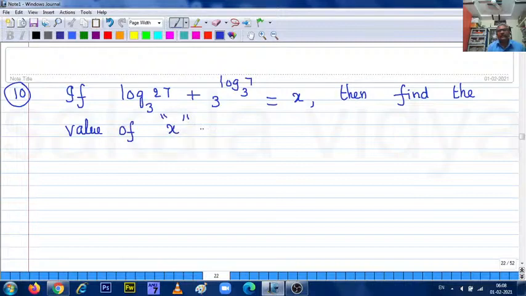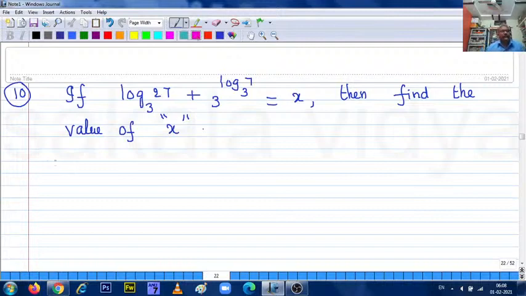So just read the question carefully first, all of you. Here we have log 27 to the base 3 plus 3 to the power of log 7 to the base 3 equal to x. That means the value of this one we need to find out. That's equal to x only.